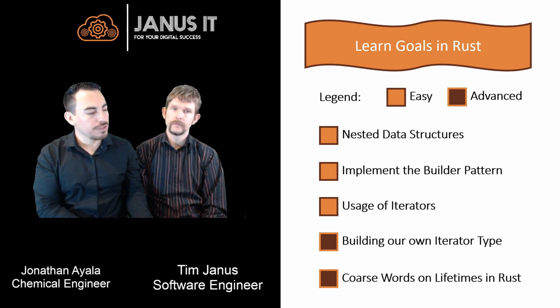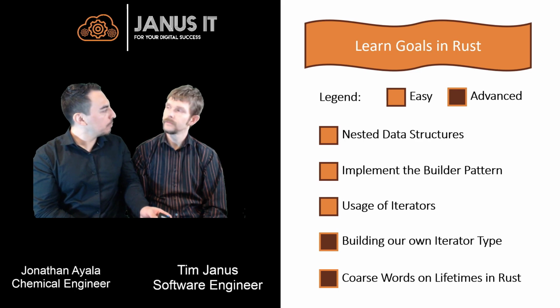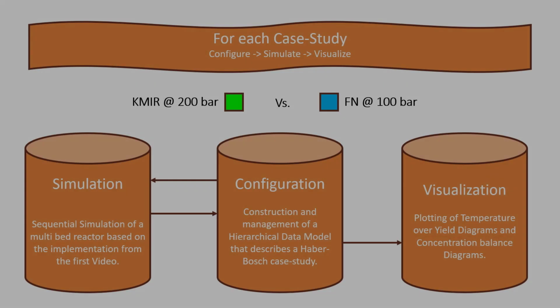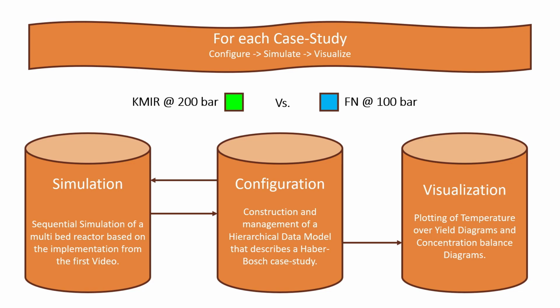I still wonder, Tim, how are we going to implement this step by step? Let's have a look. Let's distill the essence of our approach with this visual aid. Each case study we undertake follows 3 steps. Initially, configuring our data structure, followed by running simulations, and culminating with the generation of visual outputs from our findings.